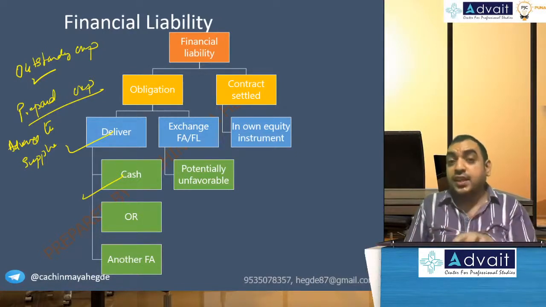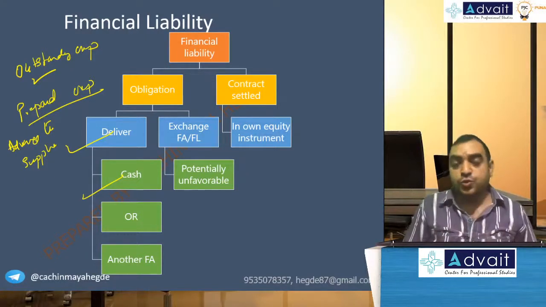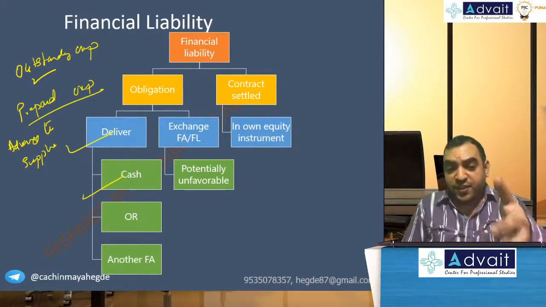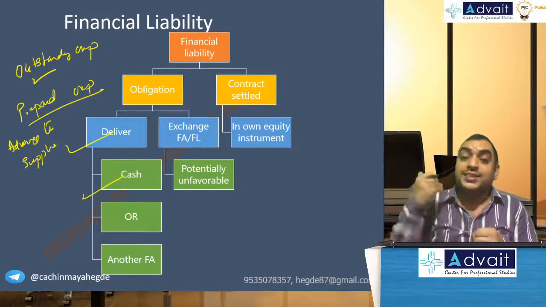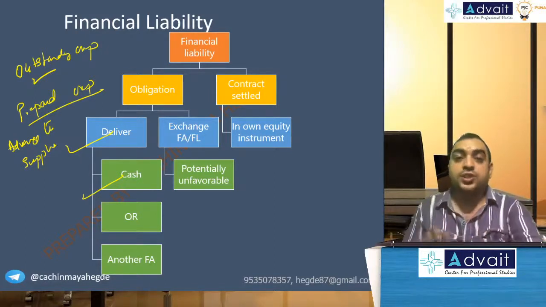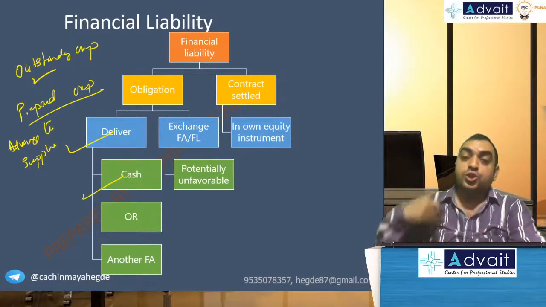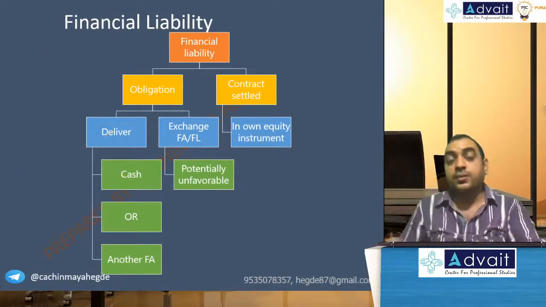The primary settlement intention is by getting goods, or even advance to employees, advance to suppliers. The benefit is to be received through goods, services. They are not financial assets. Whereas outstanding expenses means you have an obligation to make a payment, therefore financial liability.